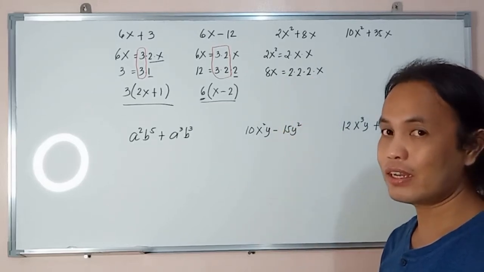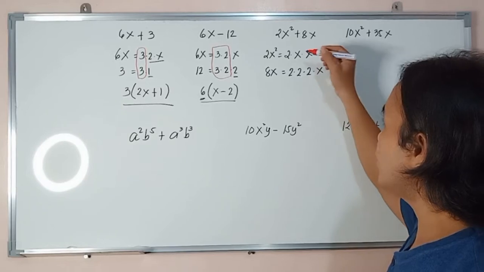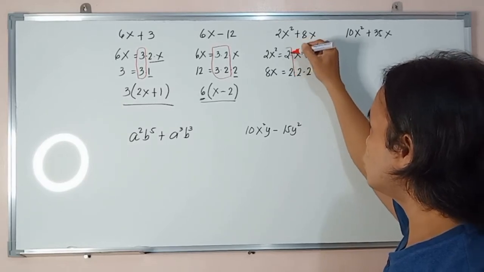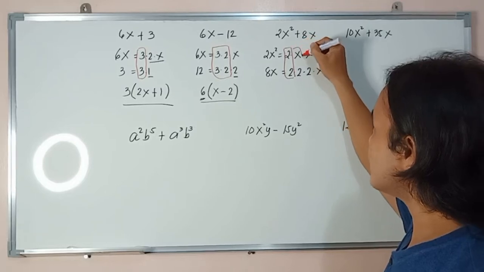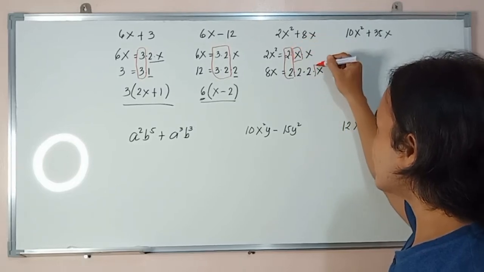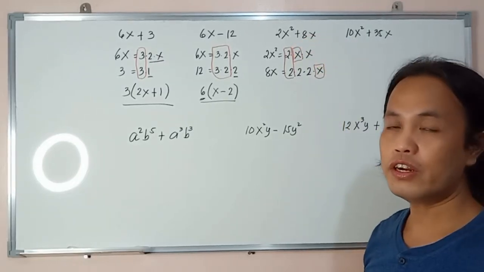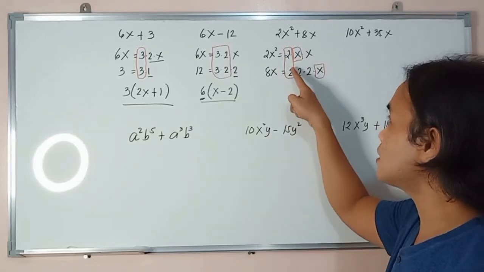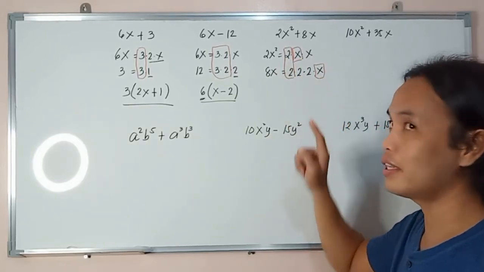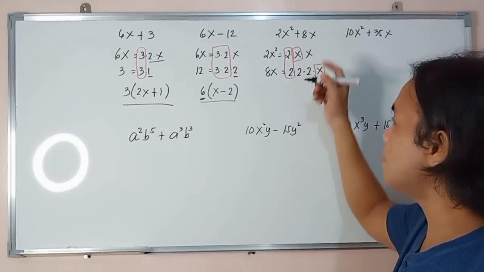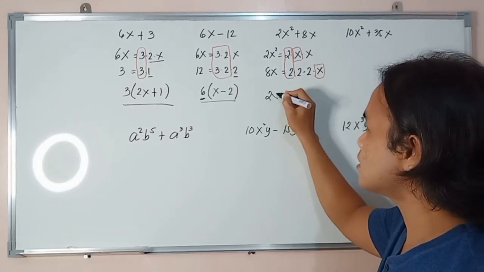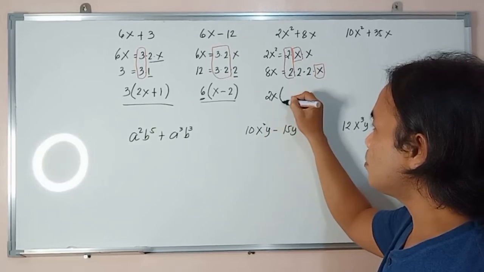Now we identify the greatest common factor. We have 2 and 2, and we have x and x. Multiplying 2 times x, the greatest common factor is 2x. So our common monomial factor for this example is 2x.